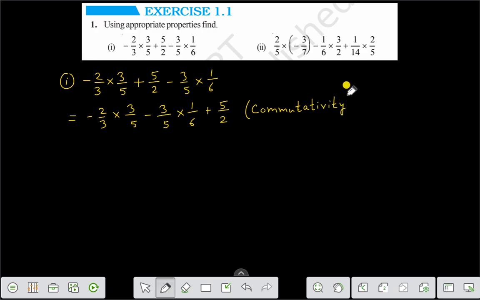That is minus 2 by 3 into 3 by 5 minus 3 by 5 into 1 by 6 plus 5 by 2.